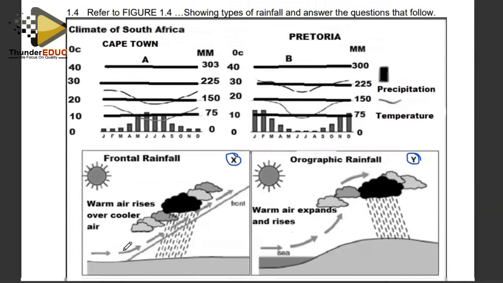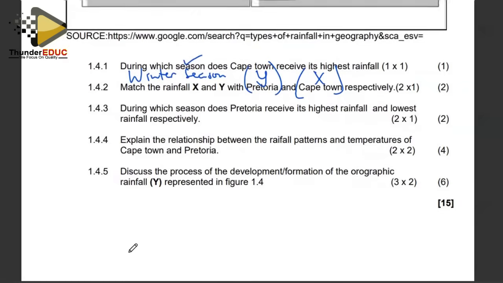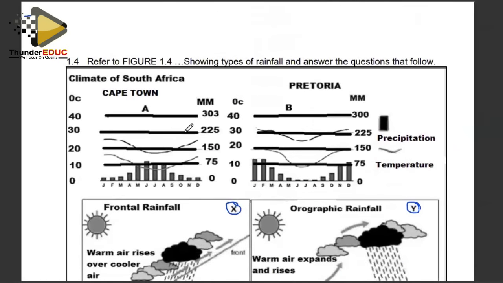Right. Explain the relationship between the rainfall pattern and the temperatures of Cape Town and Pretoria. We want to relate rainfall to the temperatures. If we see here, our temperatures are on this side, and Cape Town is there, and this is our graph which shows us the amount of rainfall.